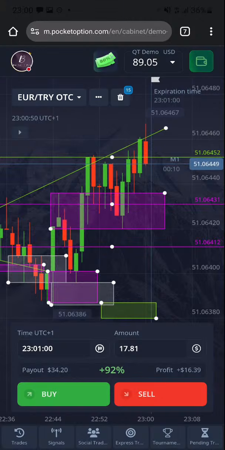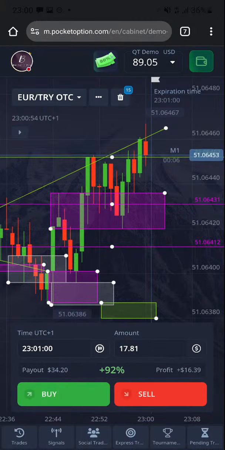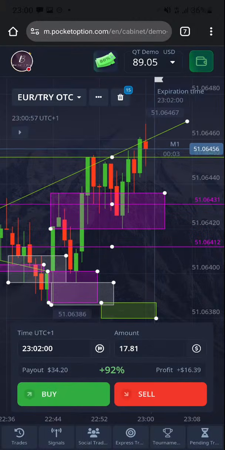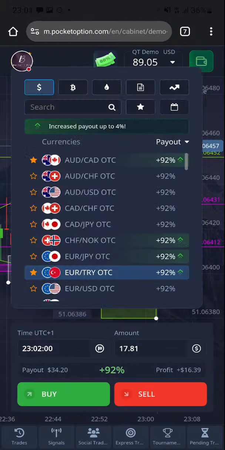We still have the sellers struggling here, but no problem. We're not going to bother about this trade again, for now at least.